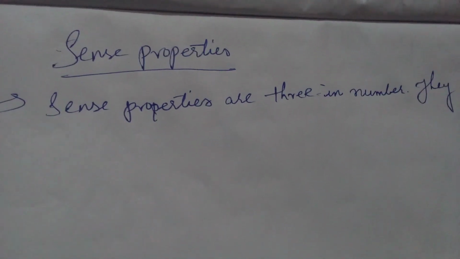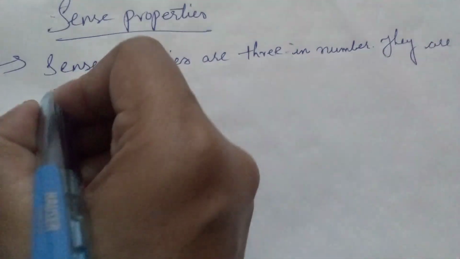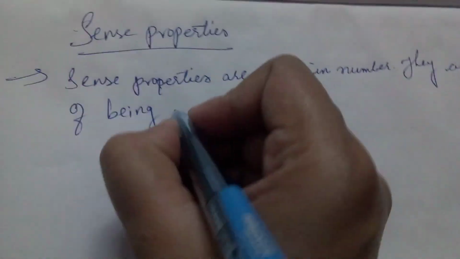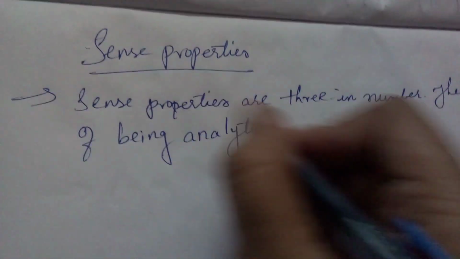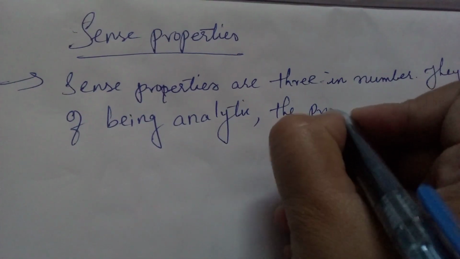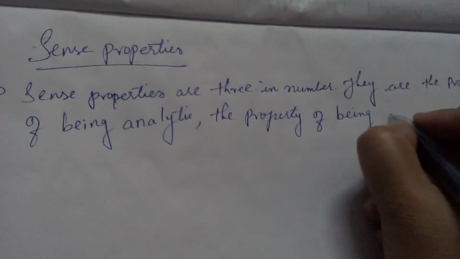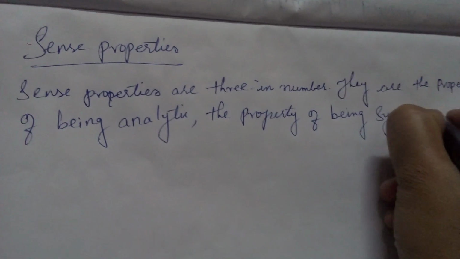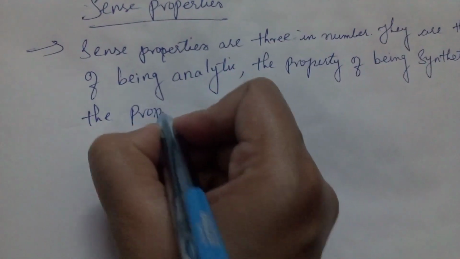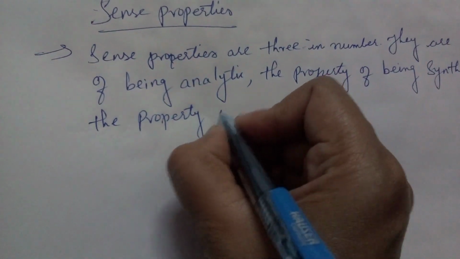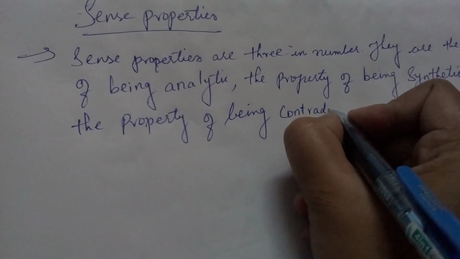They are the property of being analytic, the property of being synthetic, and the property of being contradictory.